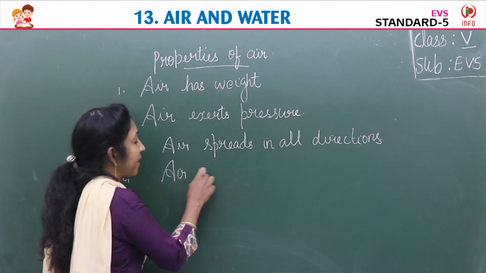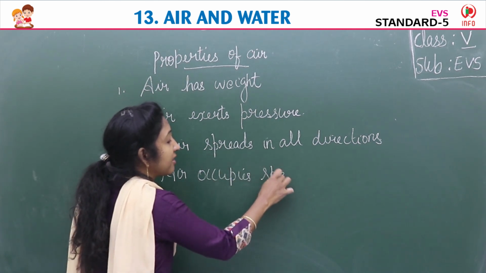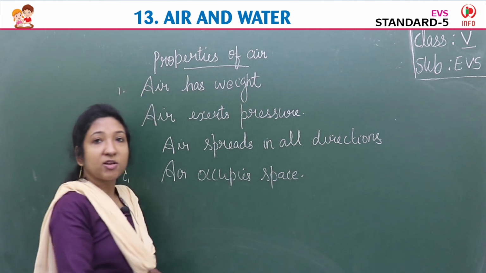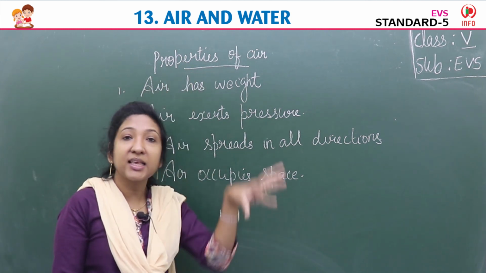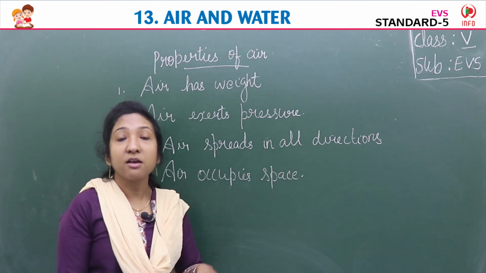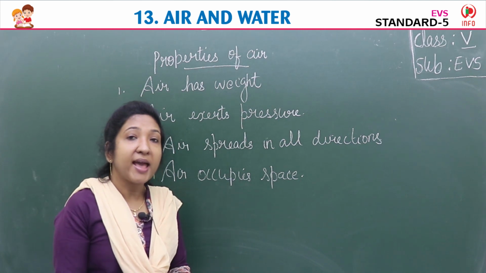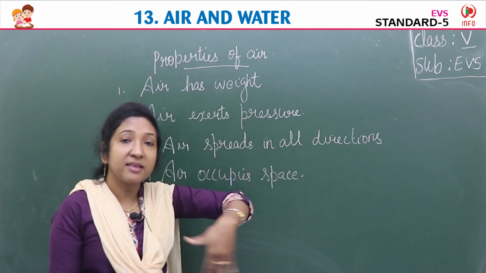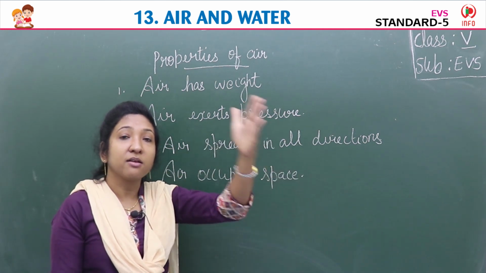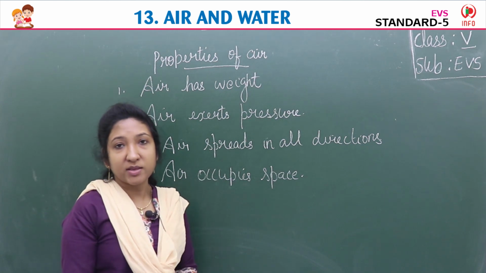This is another property of air, children. It fills the gap. When we pump air into the deflated football, air fills the space and it takes the round shape of a football. Means air occupies space, we say.